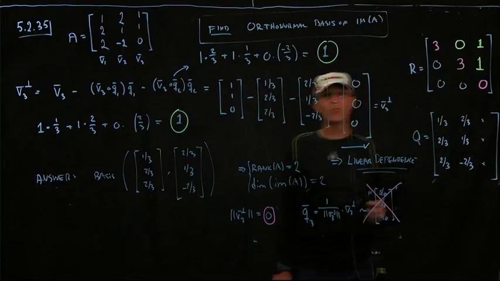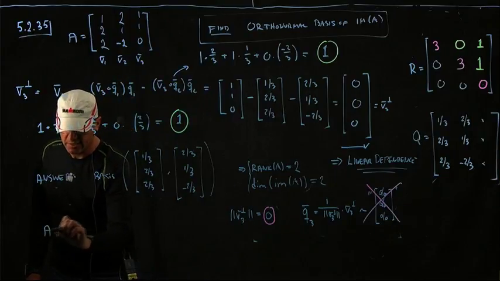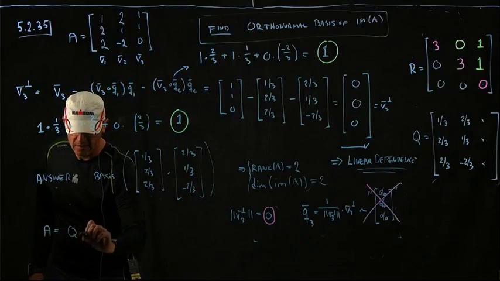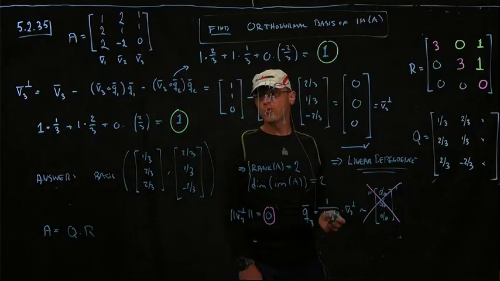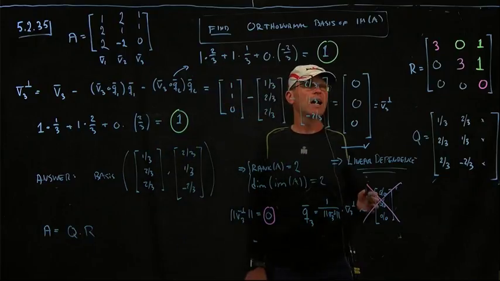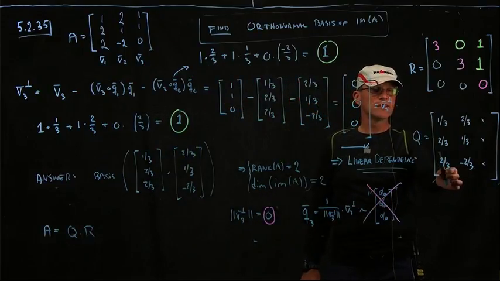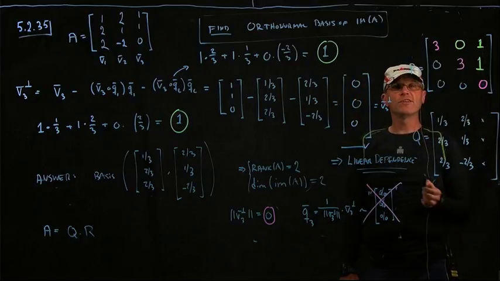Now, if we think about what the QR factorization does, it says that A is Q times R. So we're building the columns of A as linear combinations of the columns of Q, and we have the coefficients in here.